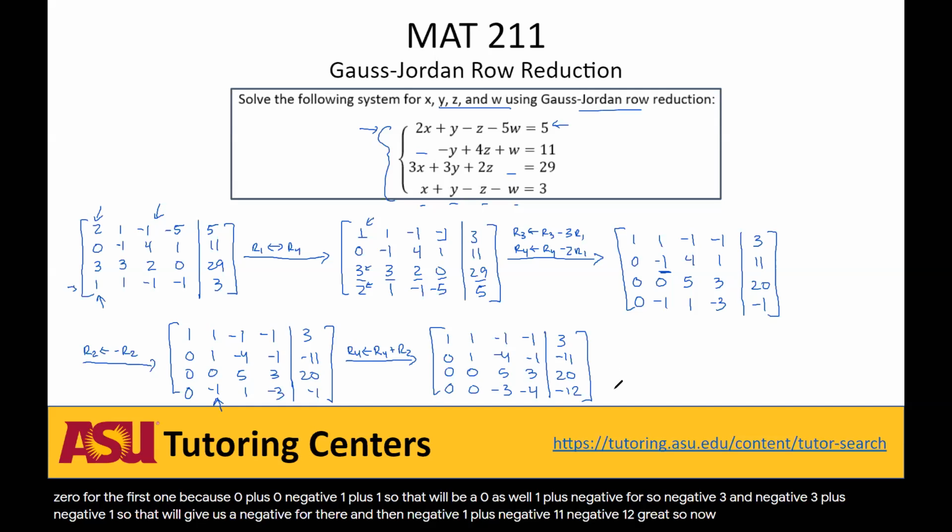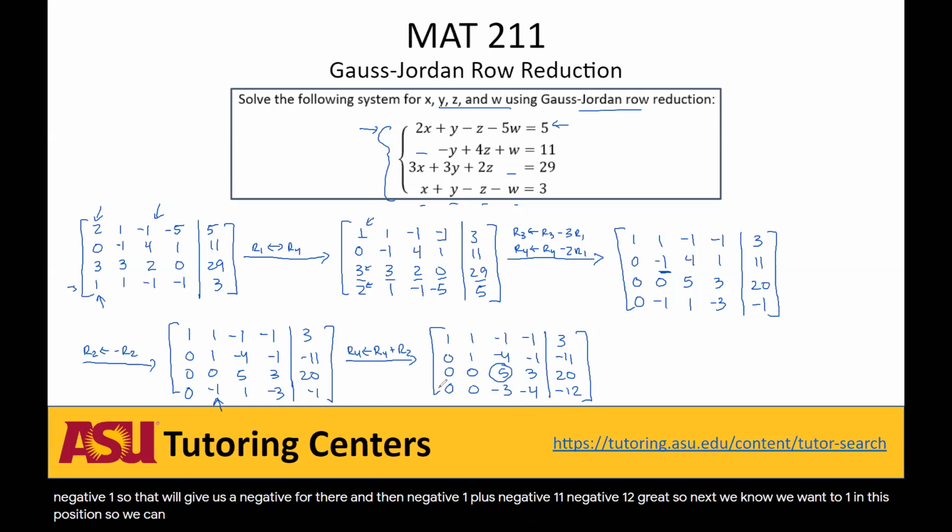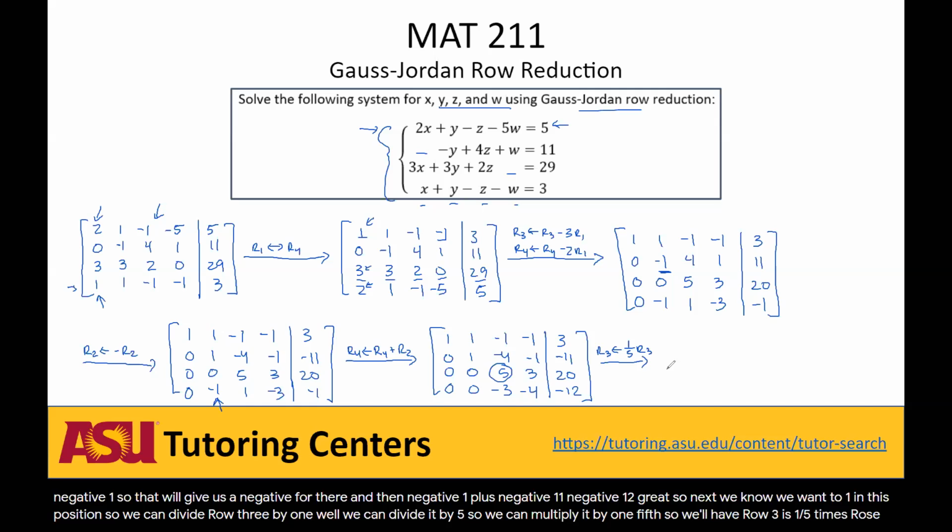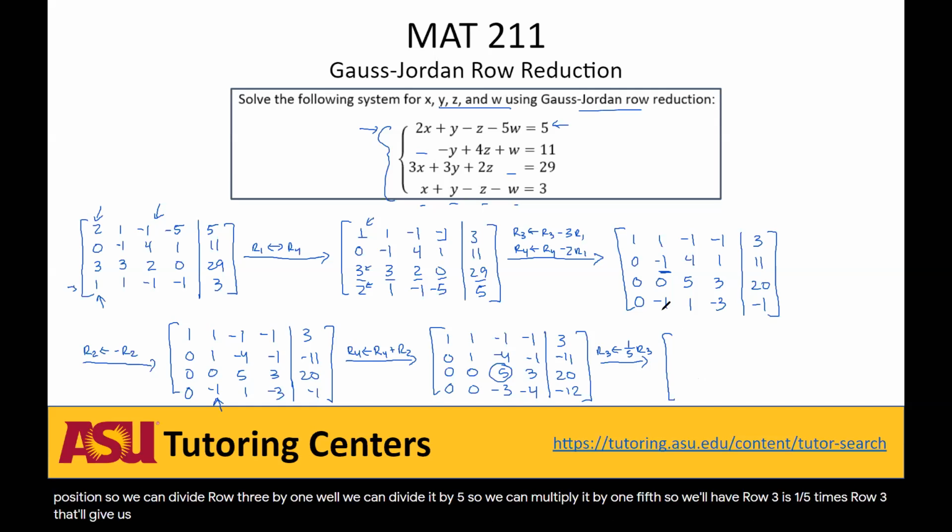So next, we know we want a 1 in this position, so we can divide row 3 by 5, so we can multiply it by 1/5. So row 3 is 1/5 times row 3. That'll give us 1, 1, negative 1.